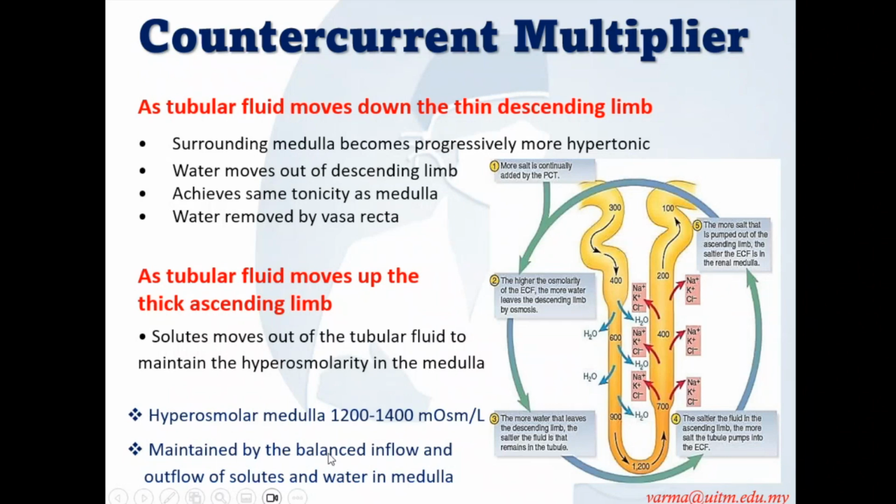So the medulla osmolarity of 1200 to 1400 is maintained by balanced inflow and outflow of solutes and water in the medulla. In this part water comes out, in this part more solutes come out. So the tubular fluid becomes hypertonic as it goes down the limb of the loop of Henle, but as it goes up, it becomes hypotonic because more solutes are pushed out, but water is retained in the tubule.